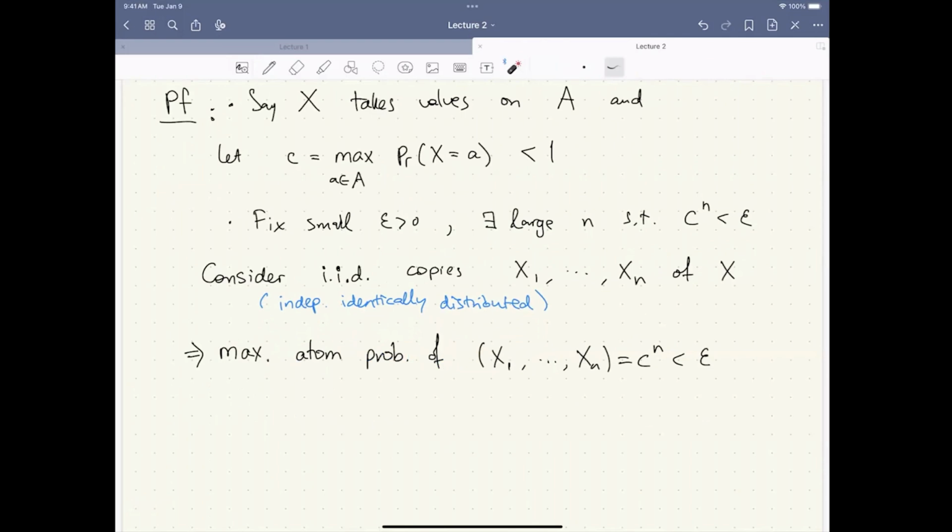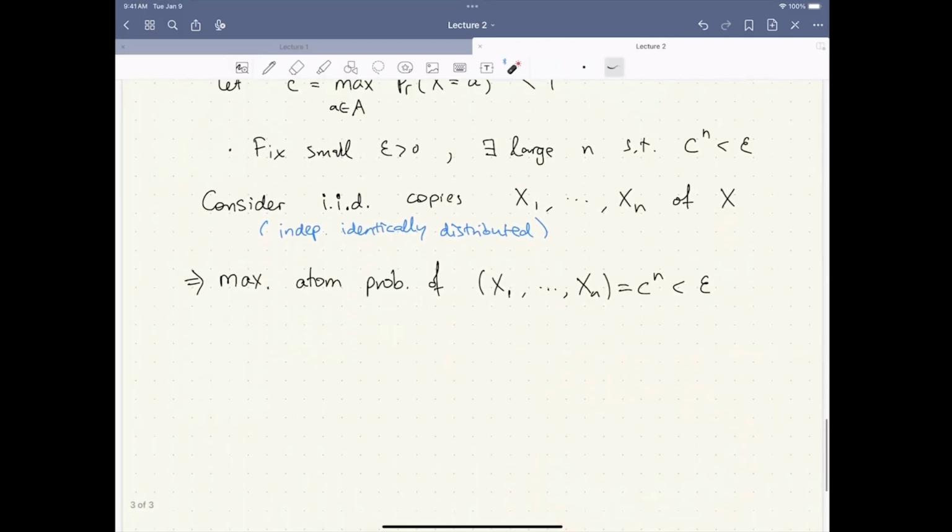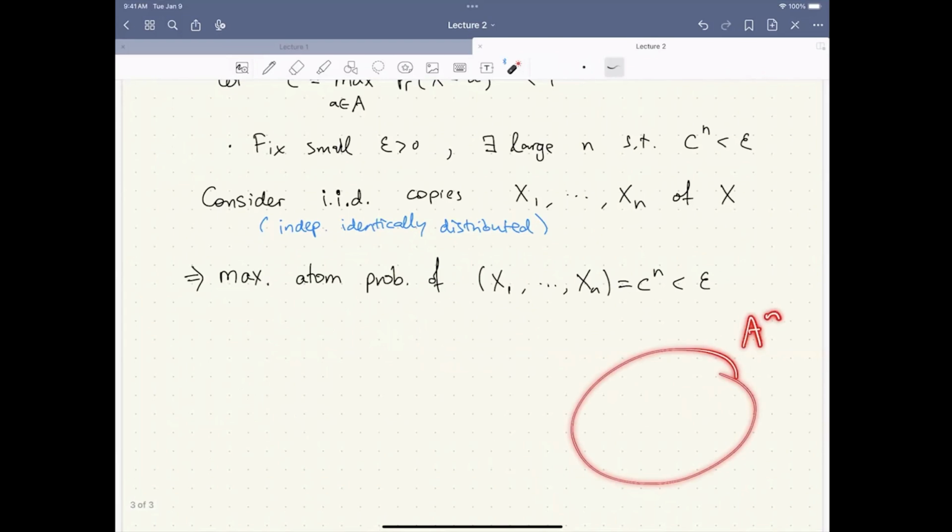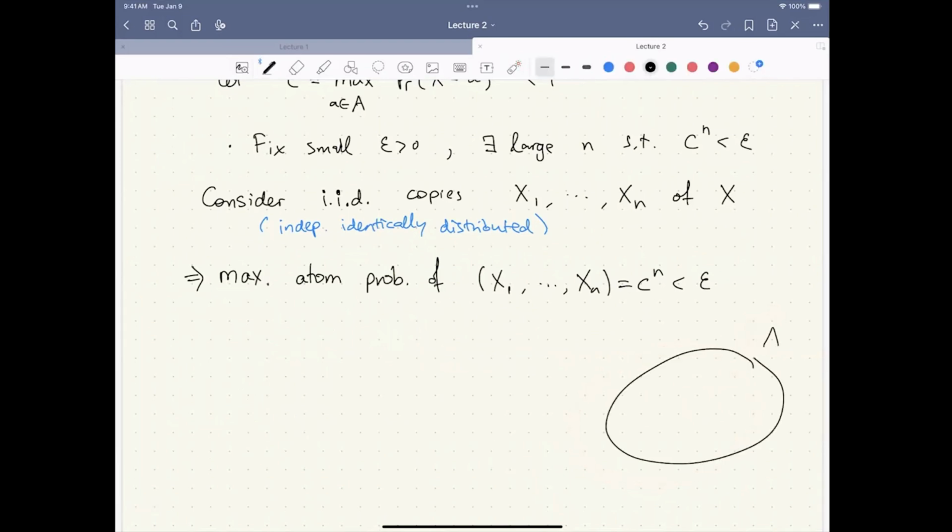So we have this is our space, this is our space A to the n. Maybe I'll just draw it. This is our space A to the n, which is the space where this random vector lies in, taking values at. And each atom probability is less than epsilon. Then we can cut it into pieces of A0 and A1. We can define two events, cutting the whole ground set into two pieces, such that the probability measure of each piece is around 1/2.